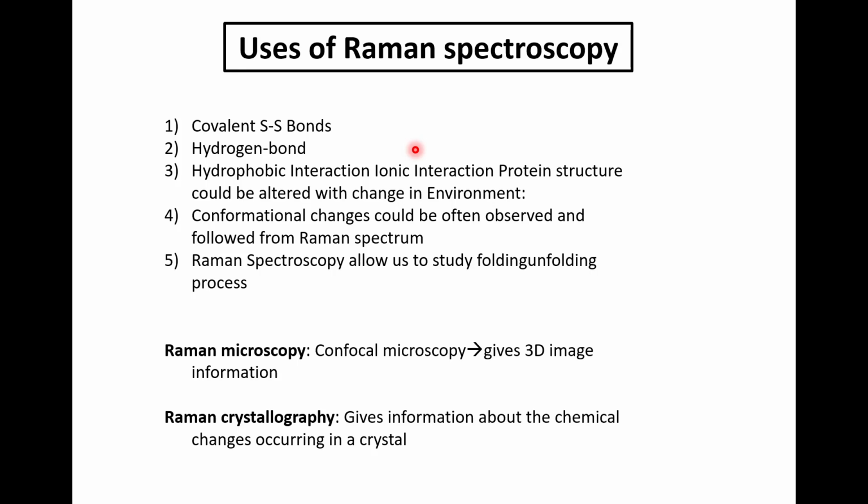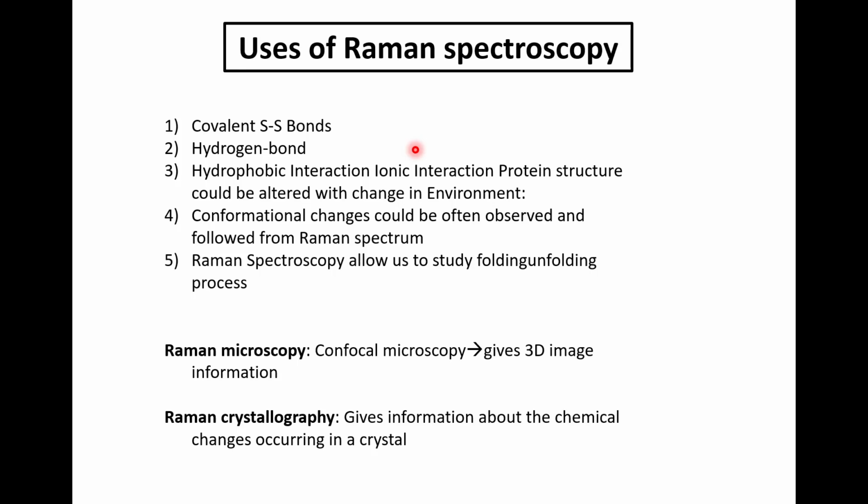Another technique that we use for the folding and unfolding process is NMR, from which you can also get an idea about whether your protein is folded or misfolded. Now there is also Raman microscopy.